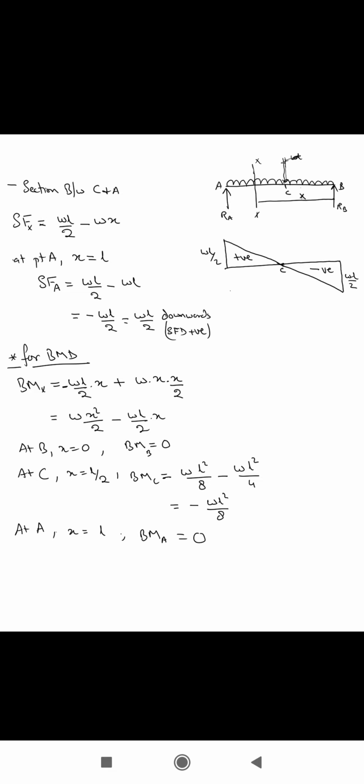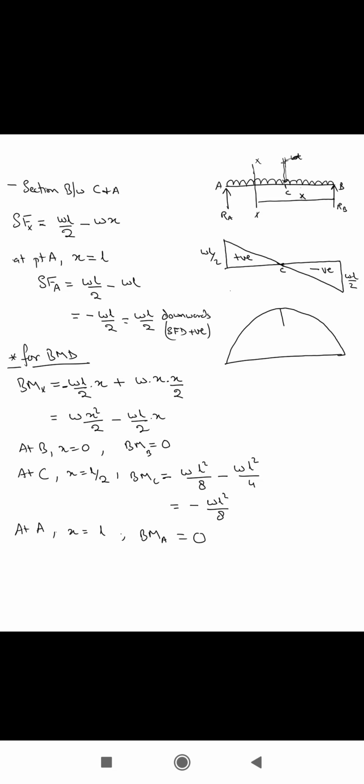So now what exactly is the diagram for this particular case? If you look very closely, you'll find out that the BMD will be positive because of the effects of sagging, right? So we have a curve like this.